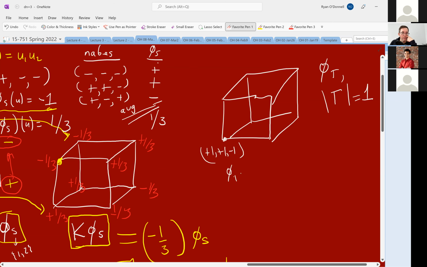And phi t here is just outputting one specific coordinate value, maybe the third one. So phi t might be +1 on all the back faces and -1 on all the front faces. Could look like that.